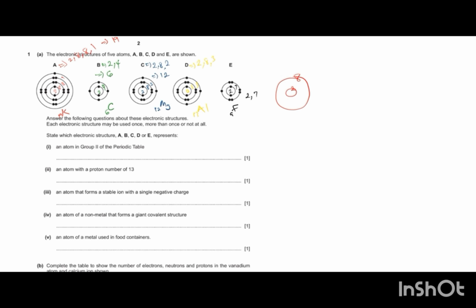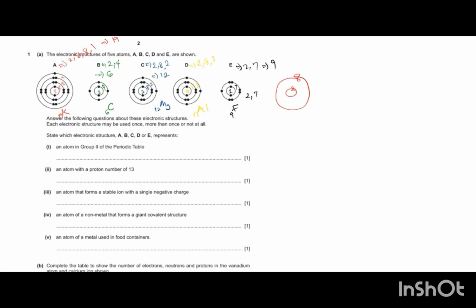We have 2, 7, which is a total of 9. So we have fluorine, potassium, carbon, magnesium, but we are not asked to use the word atom. They give us in terms of A to E, so be conscious of it. Always use what you are asked to use. Now, state the electronic structure A, B, C, D, or E represents.